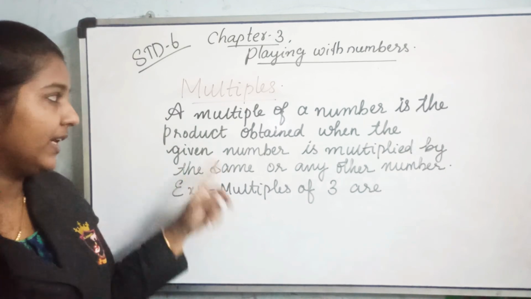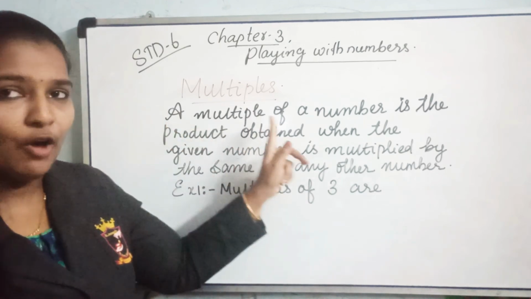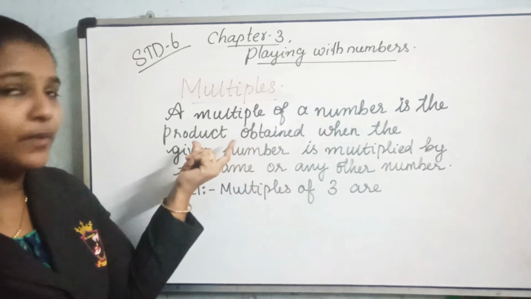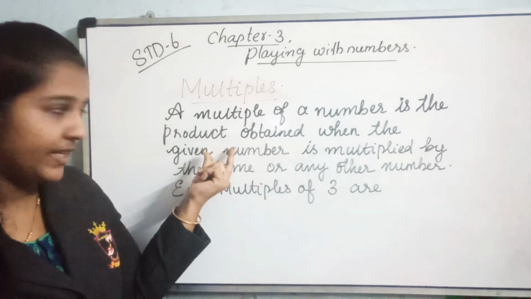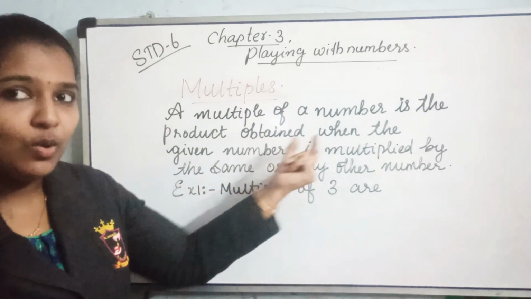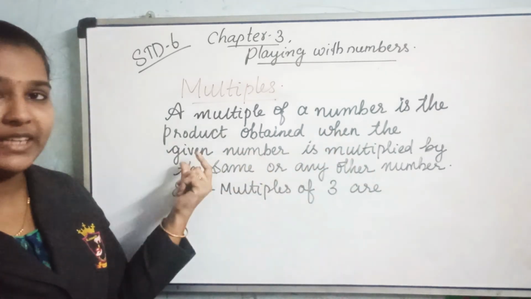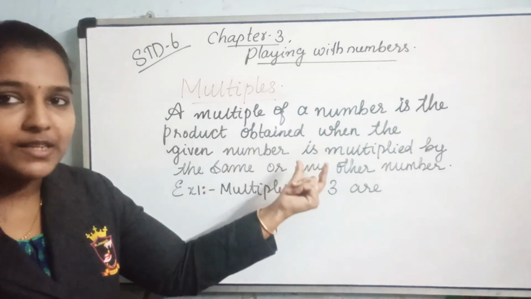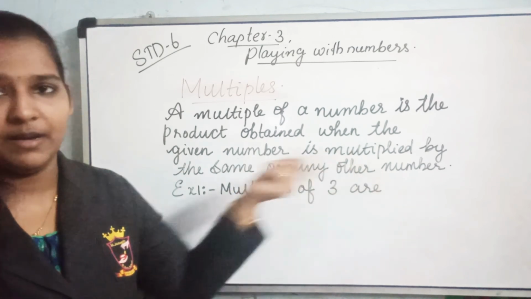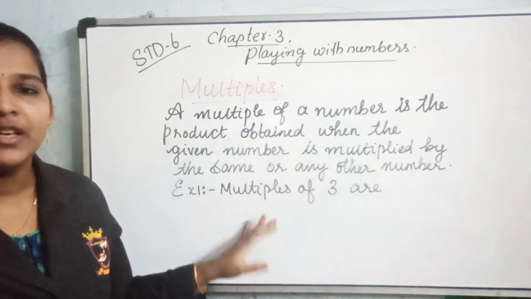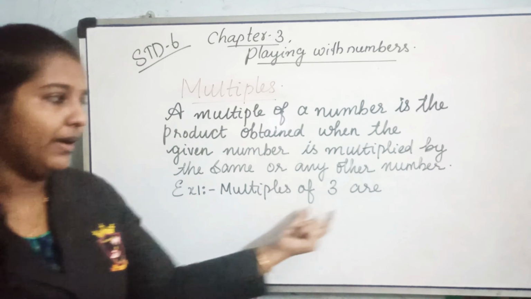Okay, once again, a multiple of a number is the product obtained when the given number is multiplied by the same or any other number. Got it? For example, multiples of 3.